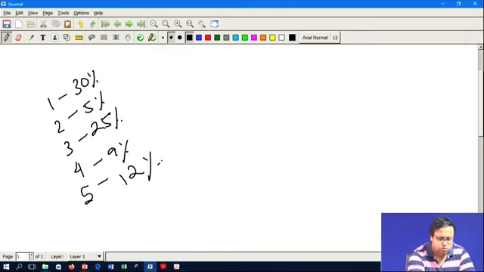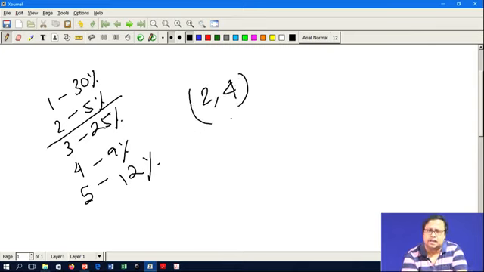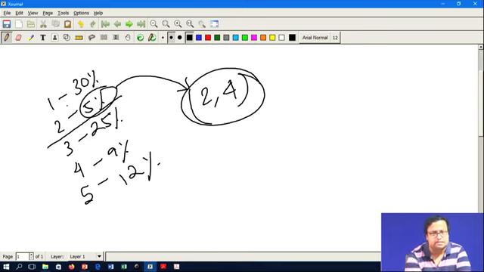Now, if item 2 has occurred only 5% of times, then 2 comma 4, can it occur more than 5% of times? No, because 2 has occurred. Out of the cases where 2 has occurred, one subset is where 2 and 4 will occur. So, the percentage of this will always be lower than this. So, I will not see any combination which has this, and probably also not any which has this.